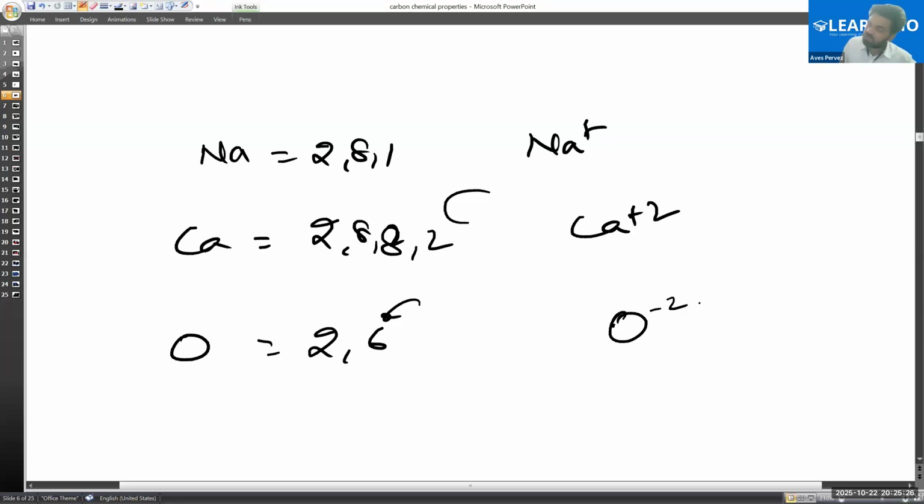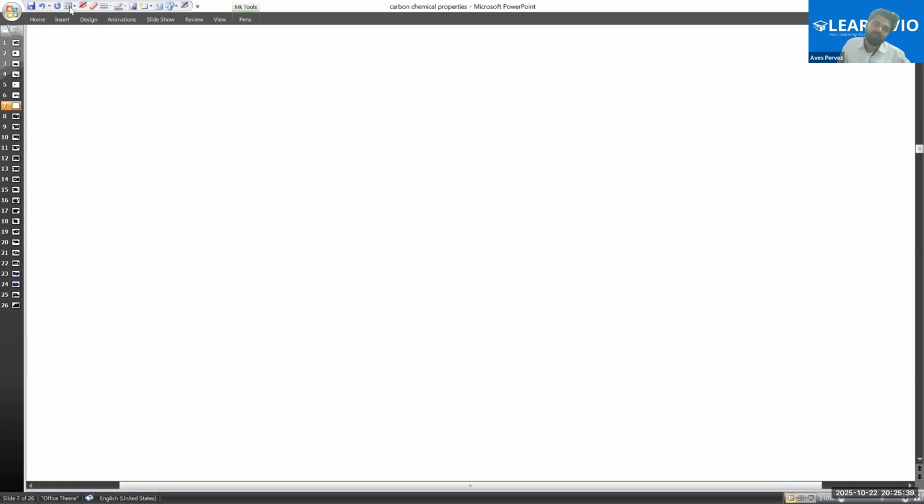The reason why carbon is not able to is that carbon has 4 electrons. Its nearest noble gases are helium and neon, with electronic configuration 2 and 2,8. If carbon loses 4 electrons, it will attain the electronic configuration of the nearest noble gas, helium.